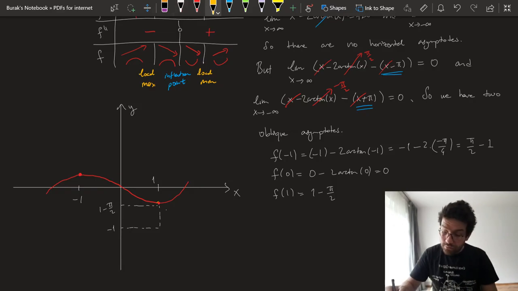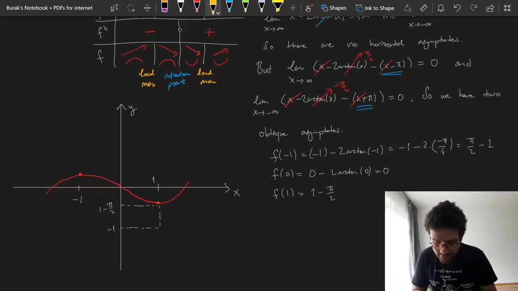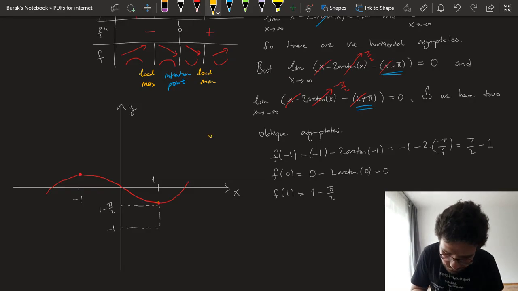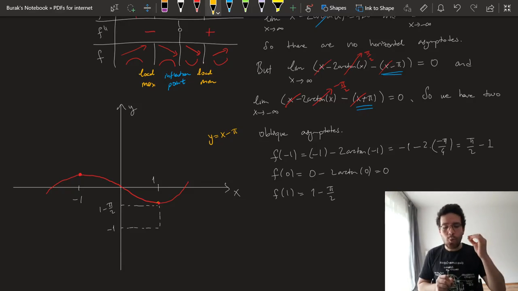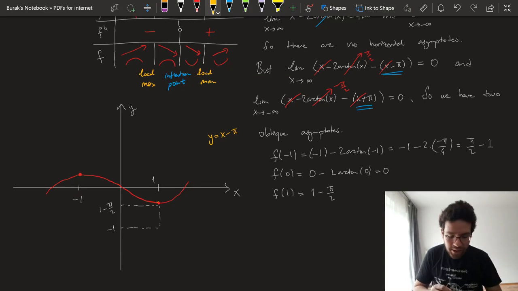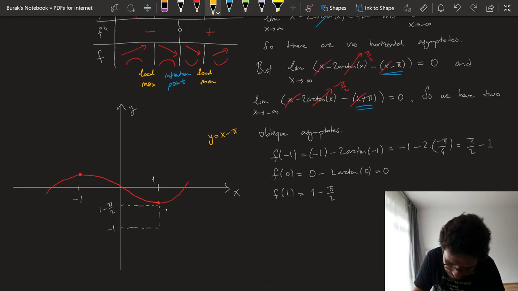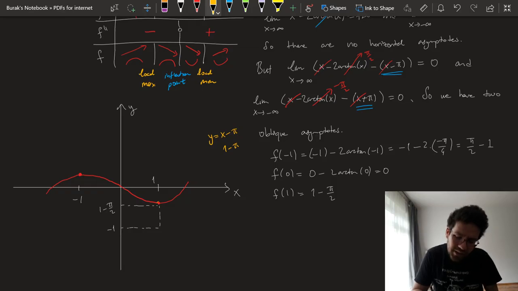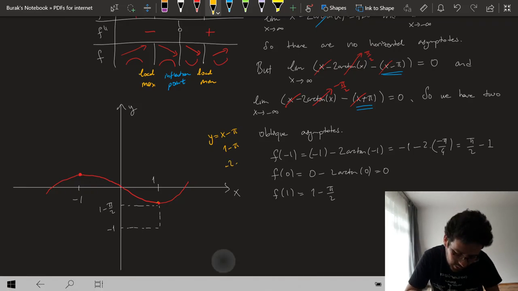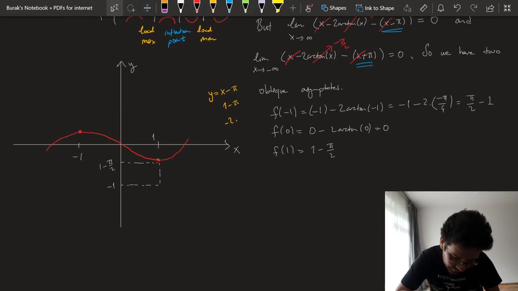The line y equals x minus pi, when you plug in 1, you get 1 minus pi. So 1 minus pi is going to be, like, -2 point something.